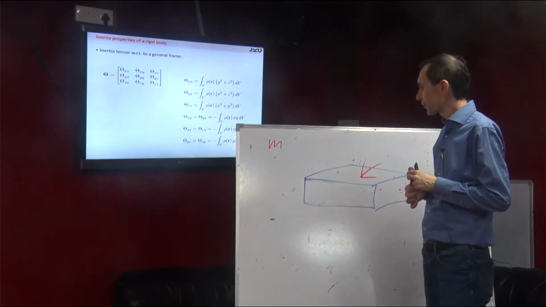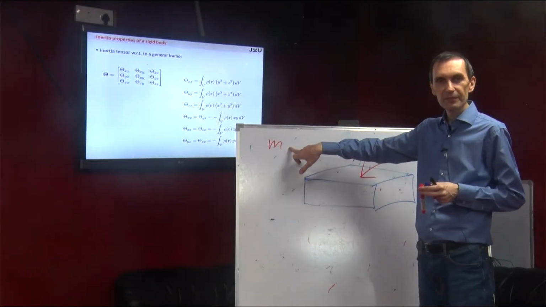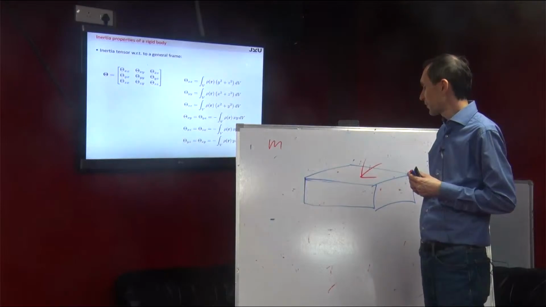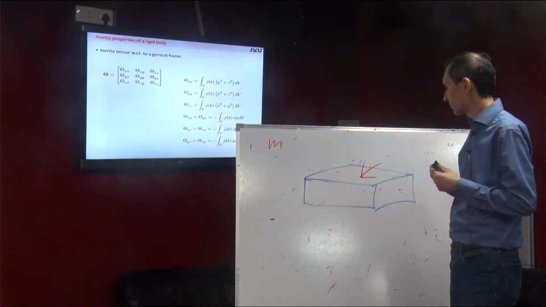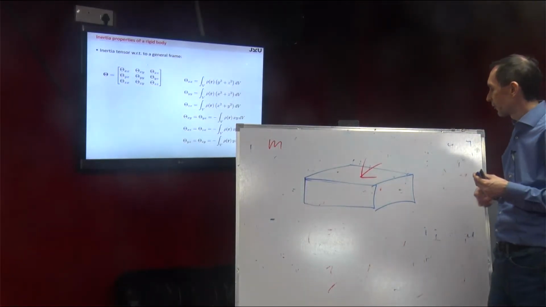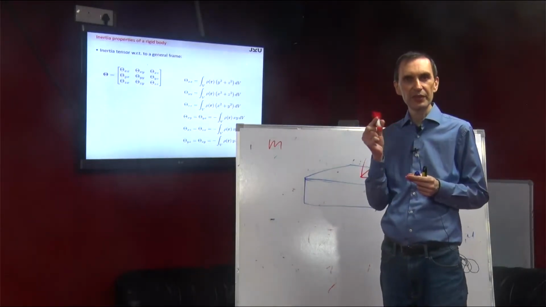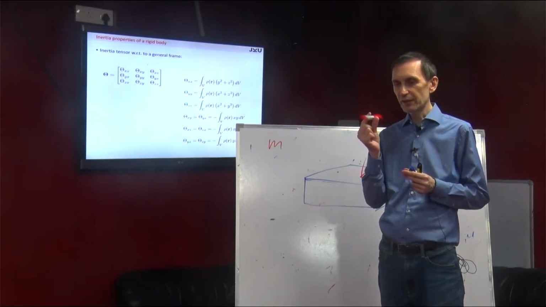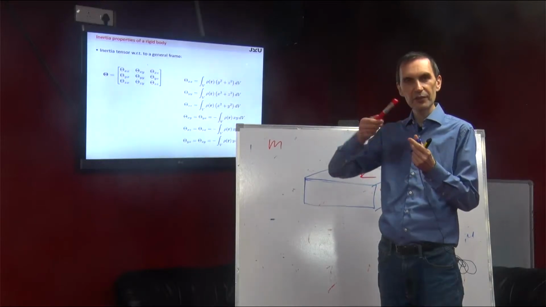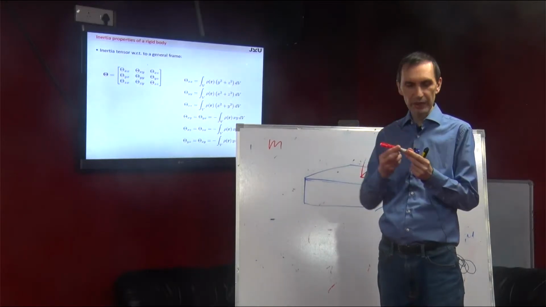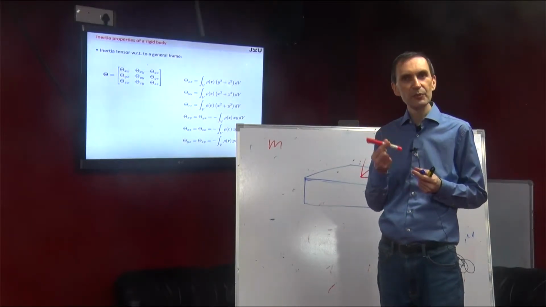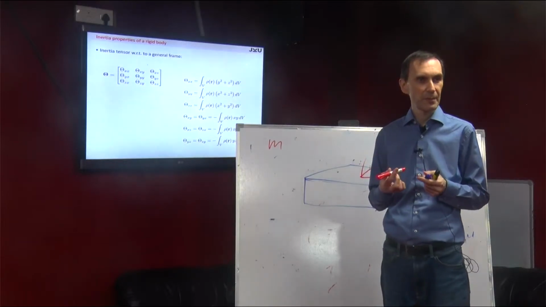So the mass is a scalar. That's not really something that is describing the whole body, because when you, for example, rotate this pen, then you feel a resistance. And the resistance, if I rotate about this, is different from when I rotate about this. It's much bigger, and that has to do with the moment of inertia.